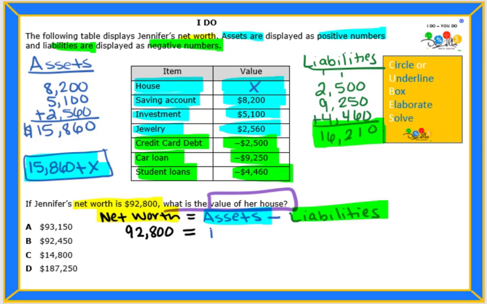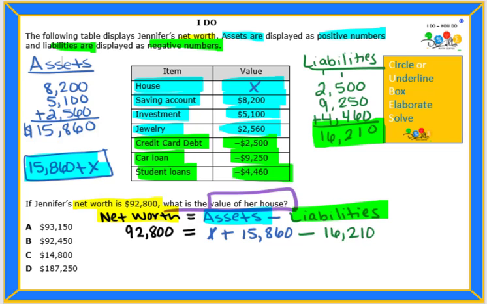So I'm going to go ahead and put X here first, and 15,860. There's nothing wrong because we switched them. That's just the commutative property. It doesn't change the values. 15,860 plus X is the same thing as X plus 15,860. But this is going to look a lot nicer once I'm ready to subtract 16,210, which is our liabilities.